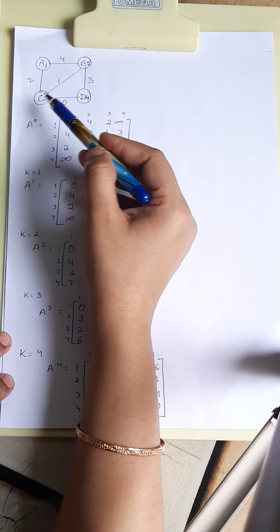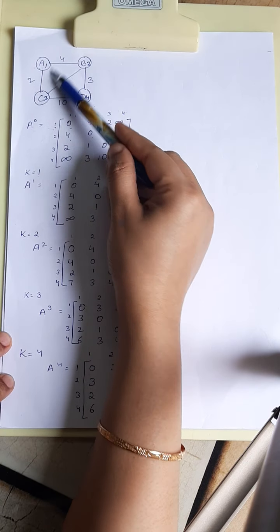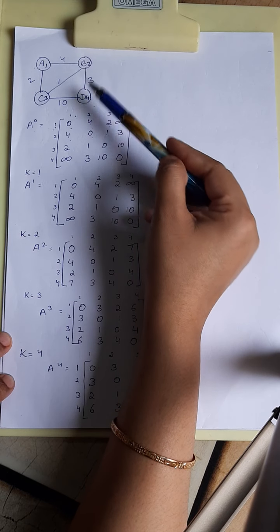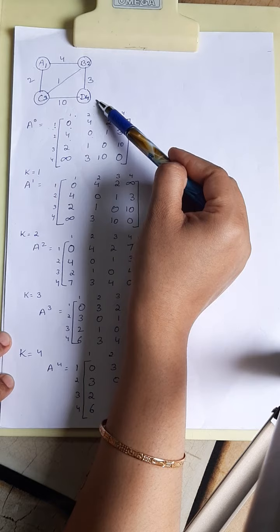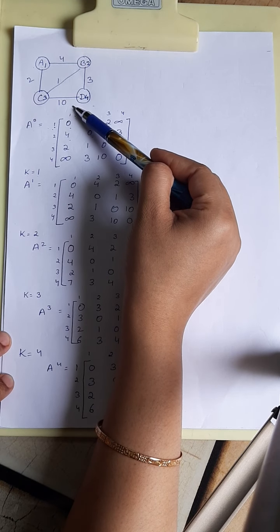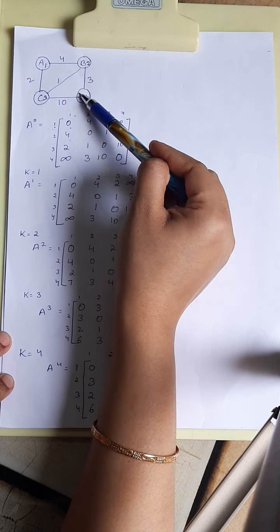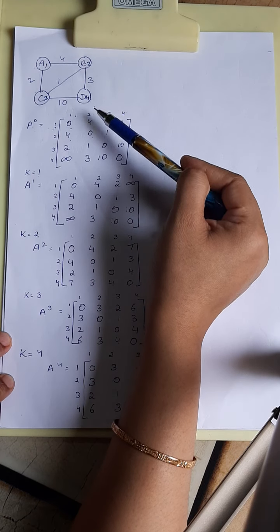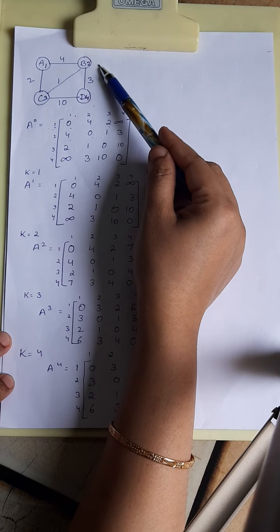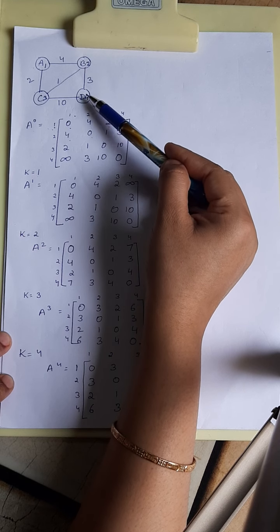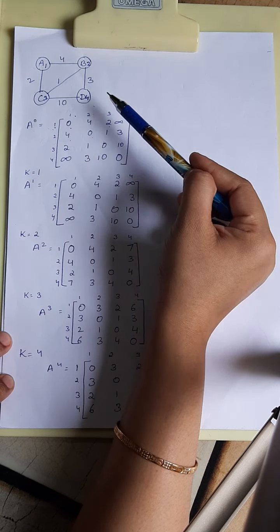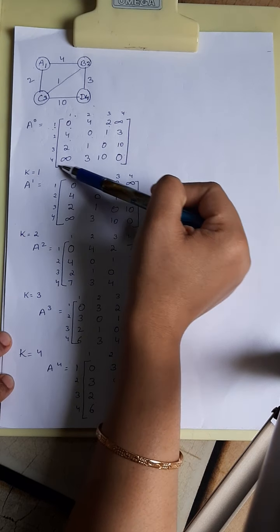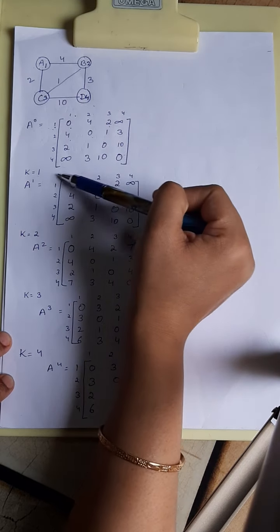Likewise for 3 also, 3 to 1, 2, 3 to 2, 1, 3 to 3, no self loop, so value will be 0, 3 to 4, value is 10. 4 to 1, there is no edge, so we will write infinite. 4 to 2, it is 3, 4 to 3, it is 10, and 4 to 4, no self loop, so value is 0. So this is the initial matrix which we have created.